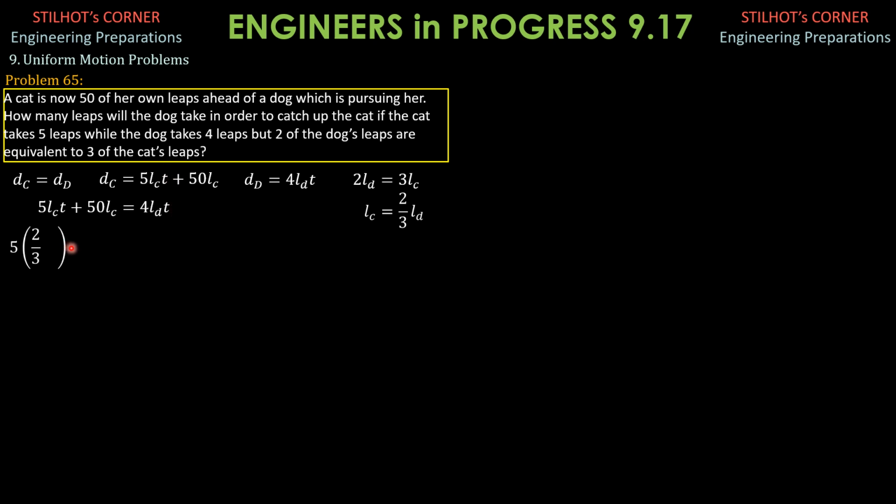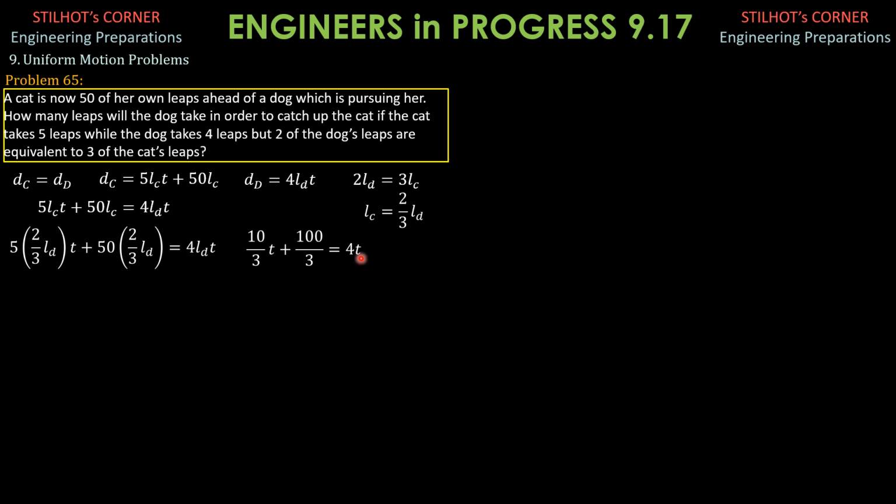So 5 times 2/3 of dog's leaps times t plus 50 times 2/3 of dog's leaps is equal to 4 times dog's leaps times t. We can cancel dog's leaps here to solve for t. So we have 10/3 t plus 100/3 is equal to 4t.